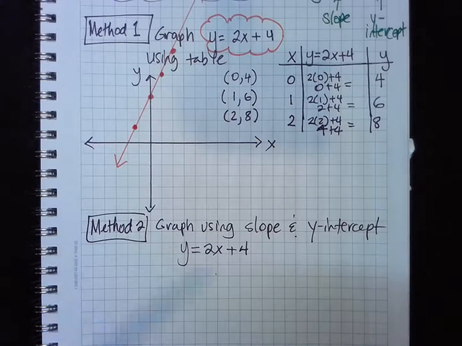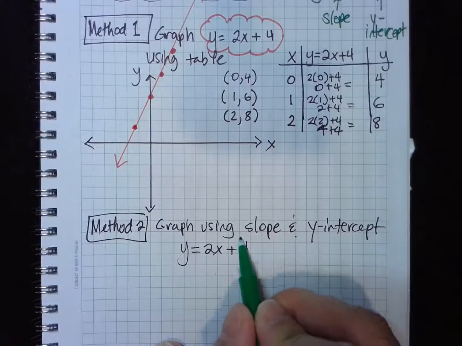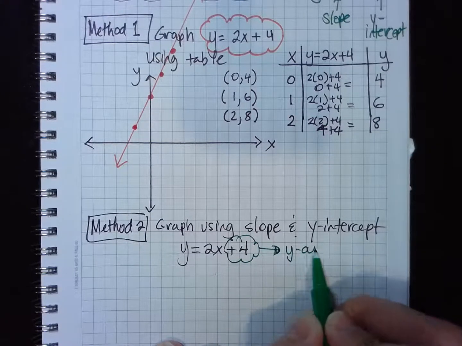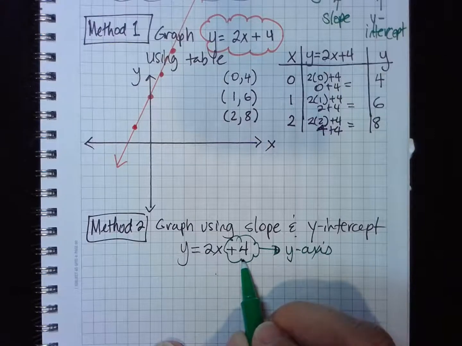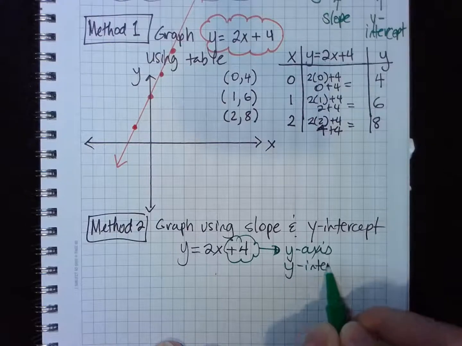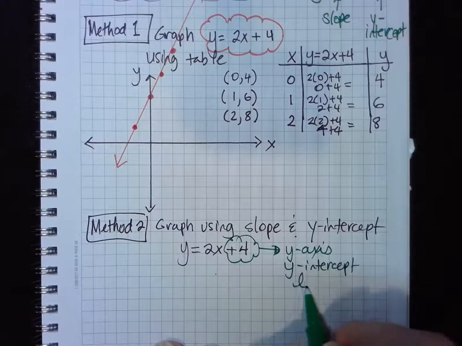So I know that this plus 4 right here is going on the y-axis. That's my constant. So it's going on the y-axis. That's my y-intercept. That's where I begin. It's my b.